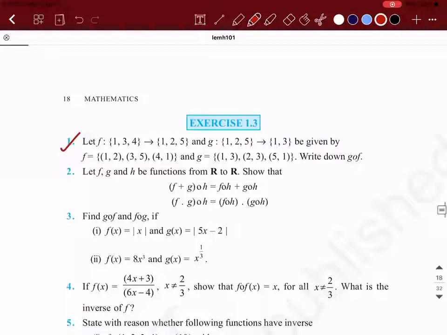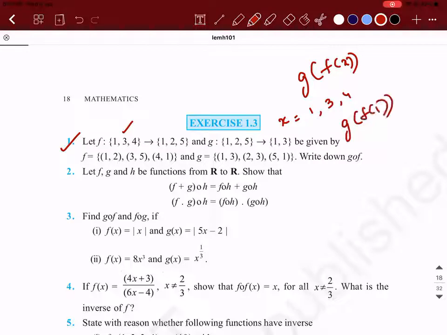When they say write g circle f, write g of f of x. What are the values of x that you can substitute? 1, 3, 4. So g of f of 1 is what they are asking, g of f of 3, and g of f of 4.